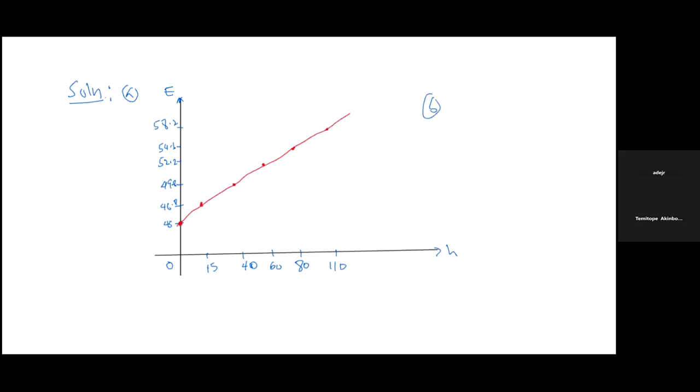Ade, yes, sir. The question B says, explain how you know a linear model will be appropriate. Because it does not start at origin. The price of the E does not start at origin. I guess I'm not sure.